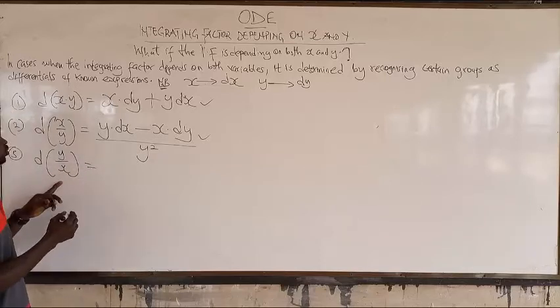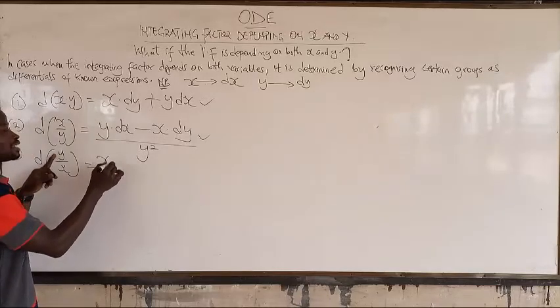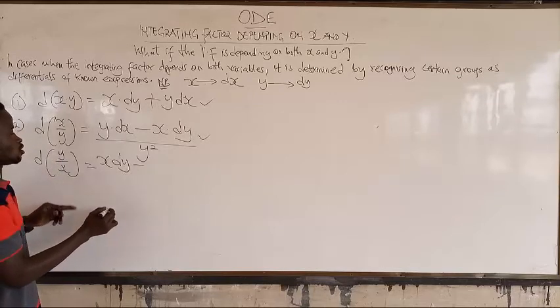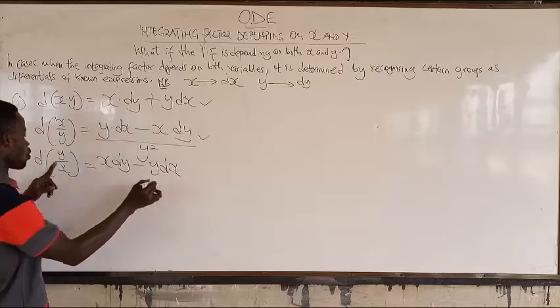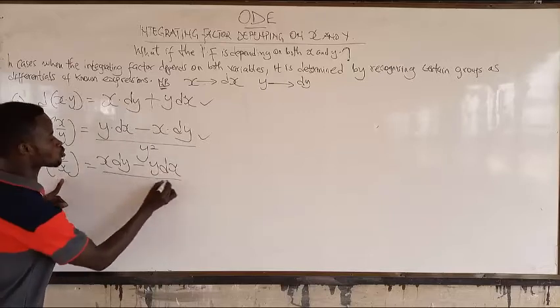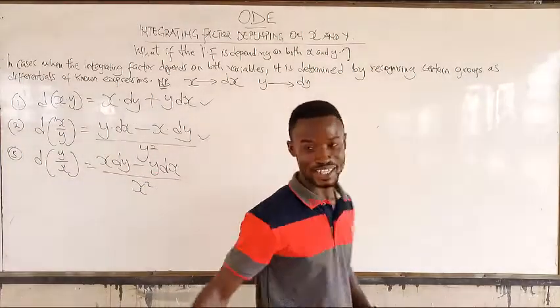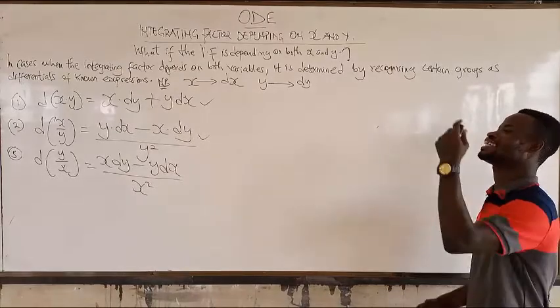Same way, product quotient rule. Low the high minus high the low. Square the bottom and away we go. That is the second expression. Always don't forget the left hand side.